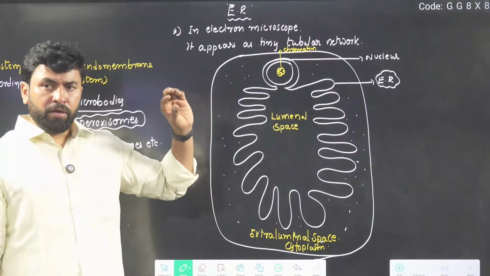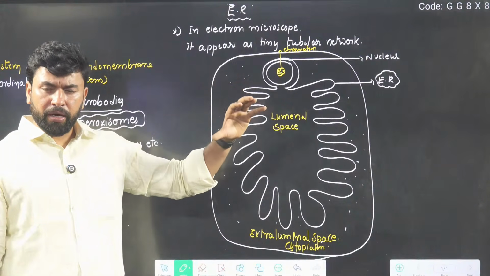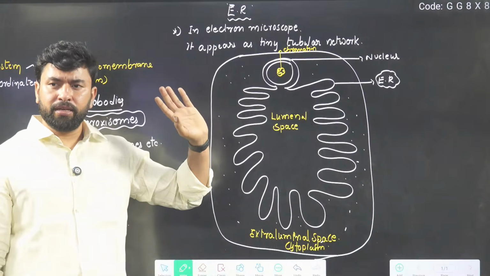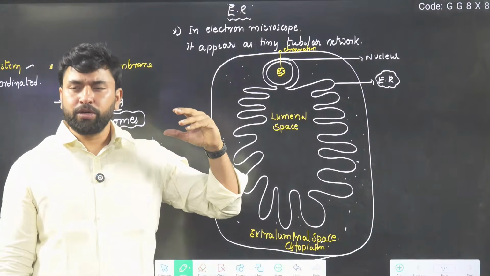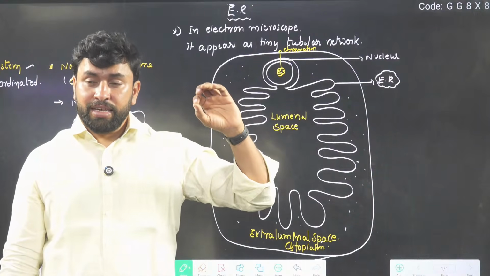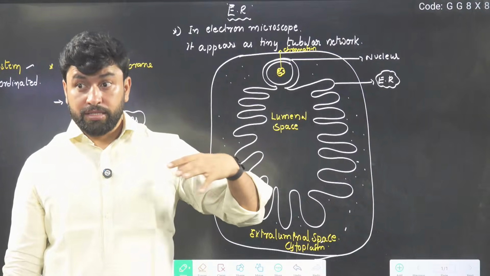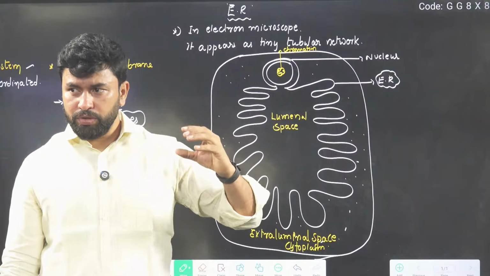Now, because the endoplasmic reticulum occupies most of the area of the cell, it is sometimes called the endoskeleton of a cell. Inside the cell, skeleton, I will talk about this word later.